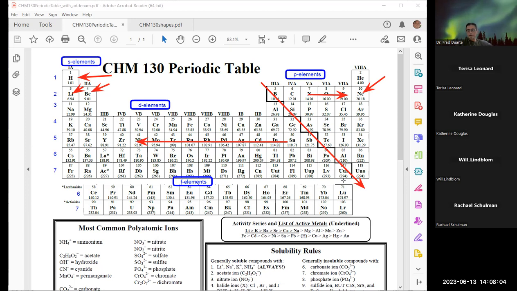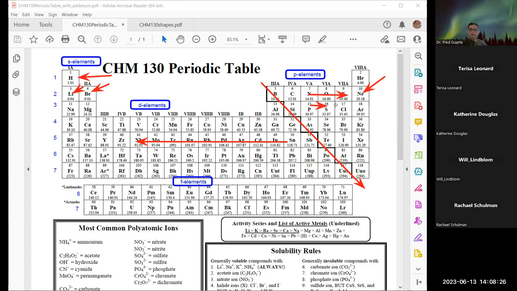Being metals, they're going to lose electrons much more readily than nonmetals like nitrogen, oxygen, and fluorine that want to gain electrons. And in doing so, they now have the same electron configuration as the noble gas in front of it, in this case, neon, okay?